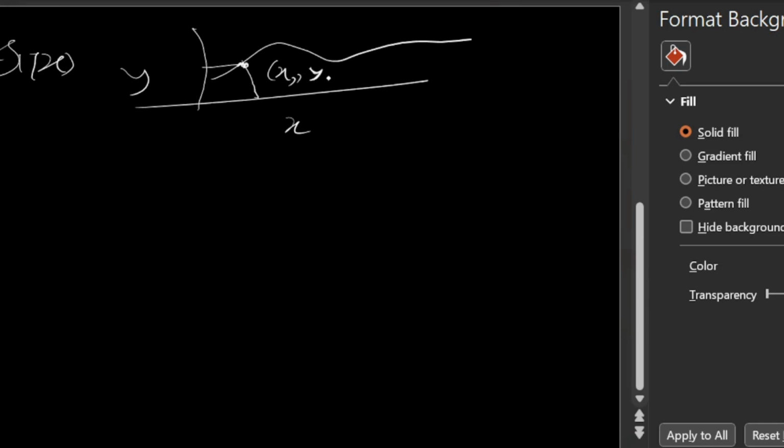and this point is (x1, y1), then the derivative of y with respect to x at the point (x1, y1) gives you the slope of the tangent at that point.